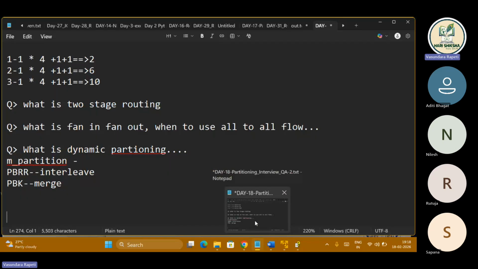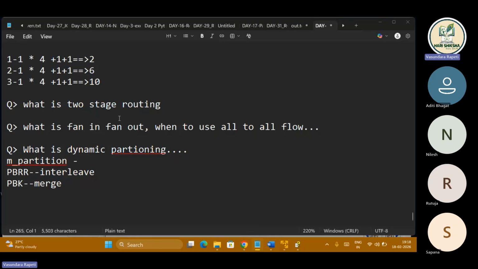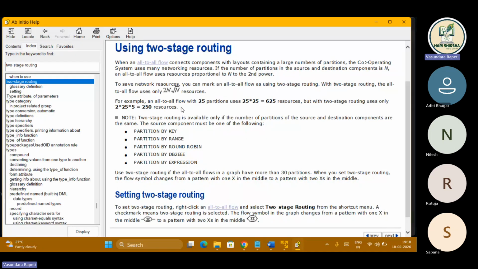So when I write it here, first this thing will go as it is.